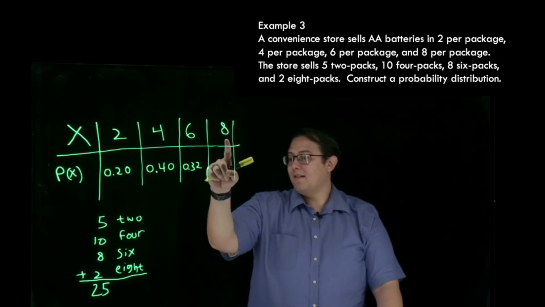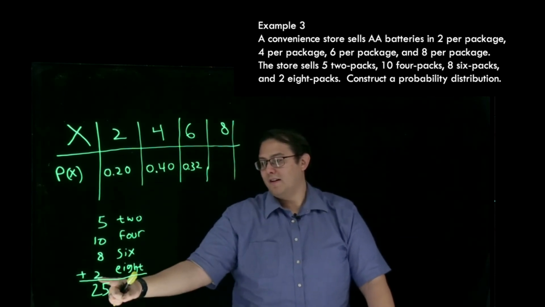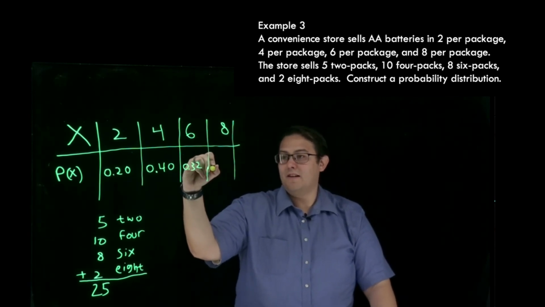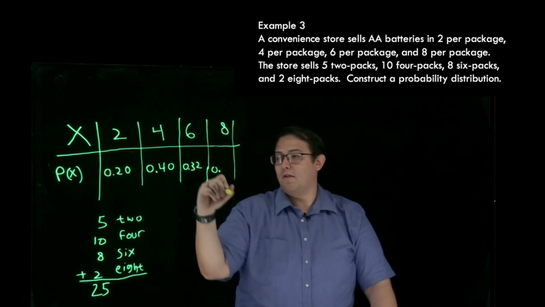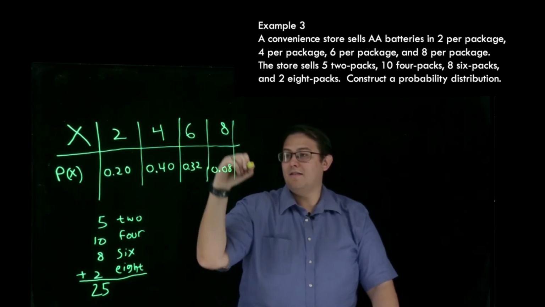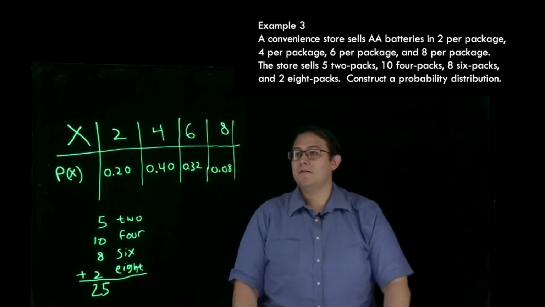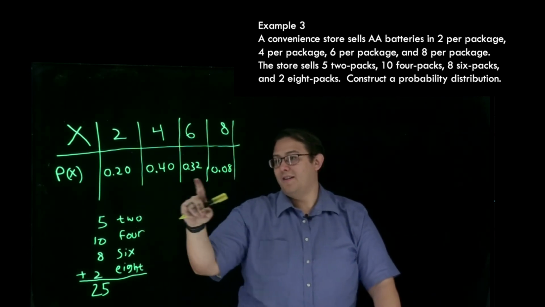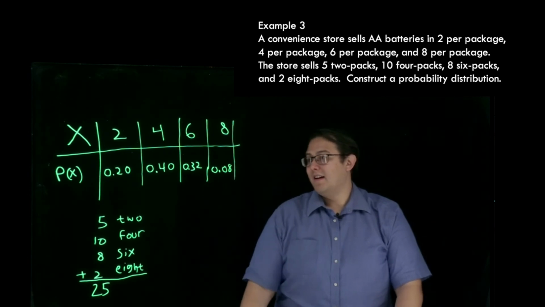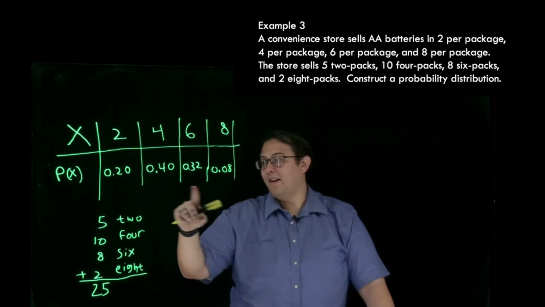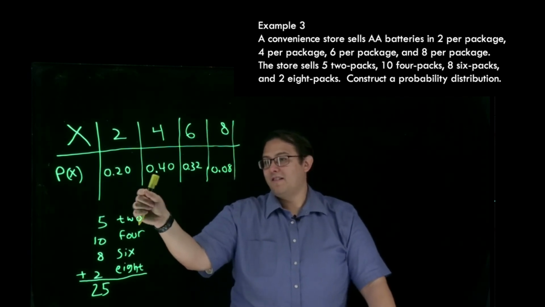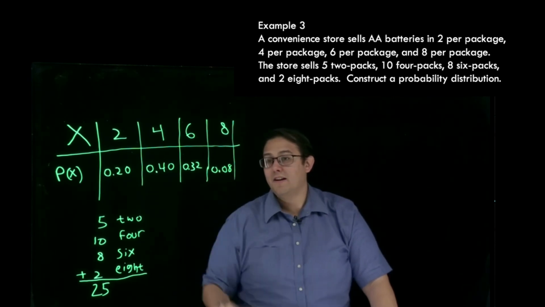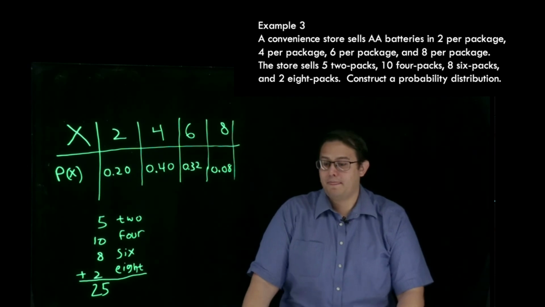And then for the 8-packs, we sold 2 of those out of the 25, and 2 divided by 25 is going to give you 0.08 right there. So there's the probability distribution. If you note, all the probabilities are in between 0 and 1. And if you add up all the probabilities, this would be 60%, and if you add these two up, you get 40%. And 60 and 40 gives you the 100%.